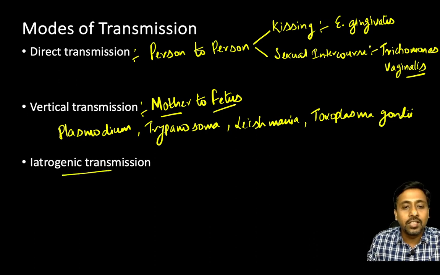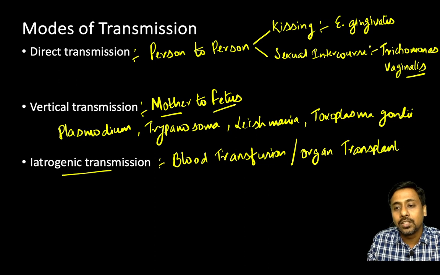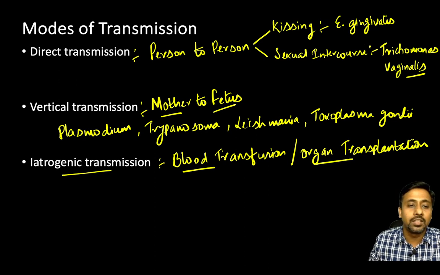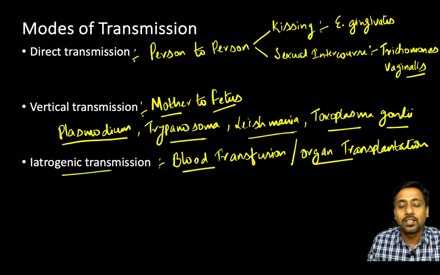And what is iatrogenic transmission? It is transmission either through blood transfusion or through organ transplantation. So again, all these agents which can be transmitted vertically can also be transmitted through blood transfusion, that is Plasmodium, Trypanosoma, Leishmania, and Toxoplasma gondii can be transmitted iatrogenically.